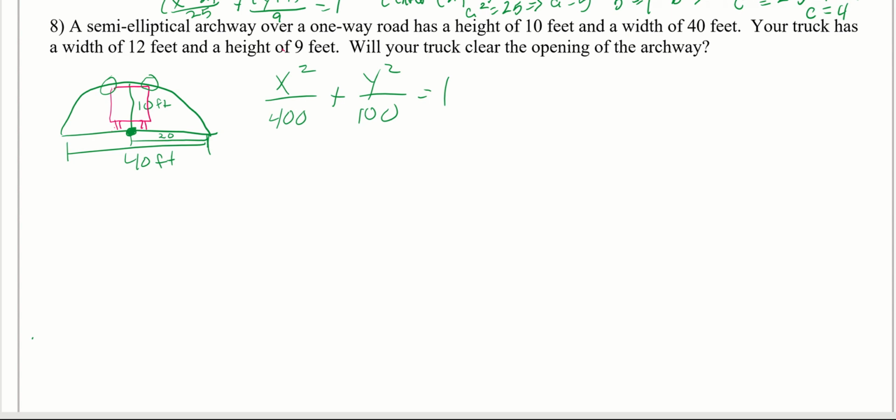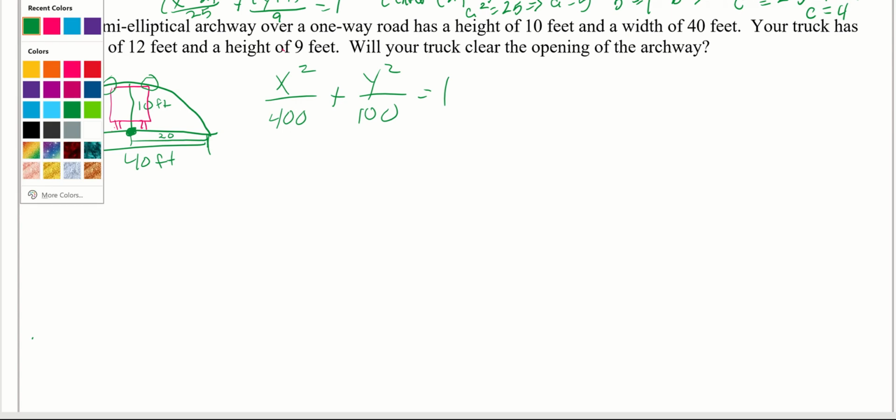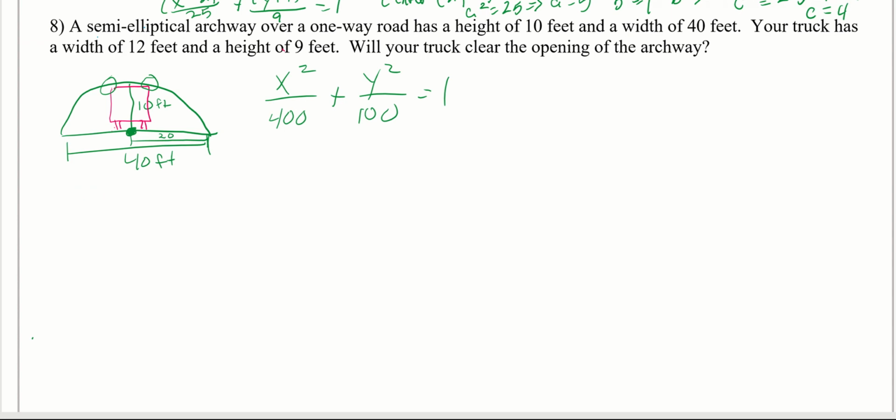So in order to solve this out, my next step, I have the equation here, but the next step I want to do is talk about the same idea. So here's our equation for the arch. Let me get a different color. So again, my question is right there, right?